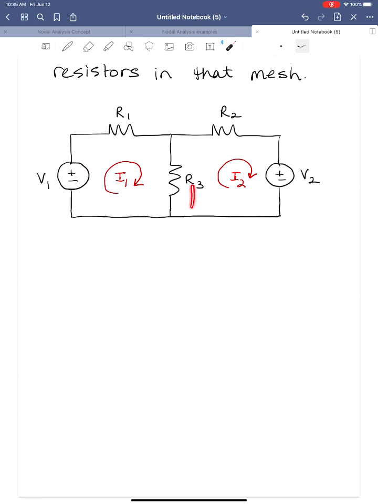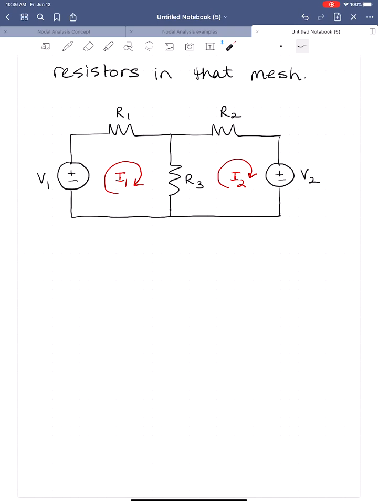And I2 flows through every single one of these elements. So I1 flows through V1, R1, R3, and I2 flows through R3, R2, and V2.